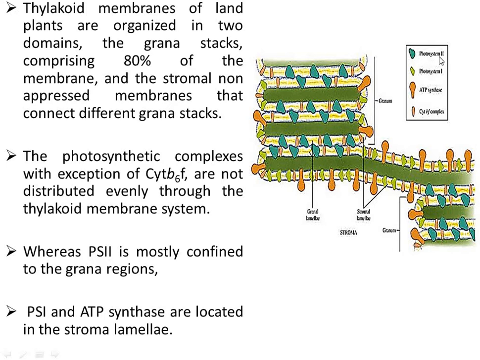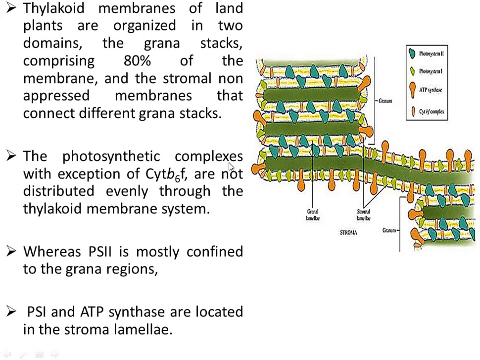Photosystem 2 and the cytochrome B6 complex are confined to the stacks of the thylakoids, which are present here. The ATP synthase and photosystem 1 are present in the unstacked region.